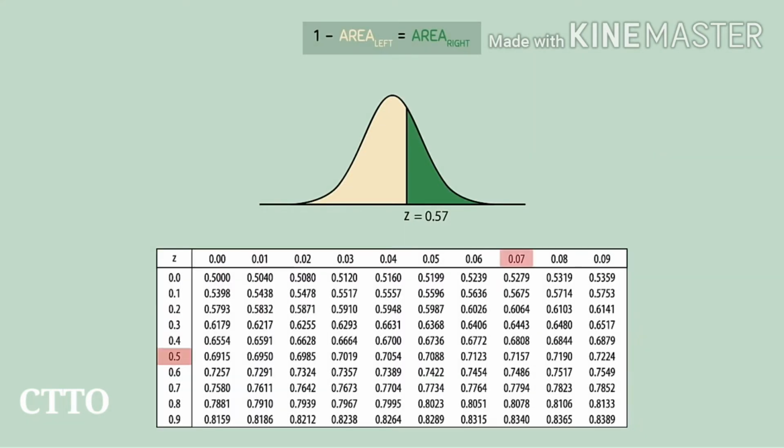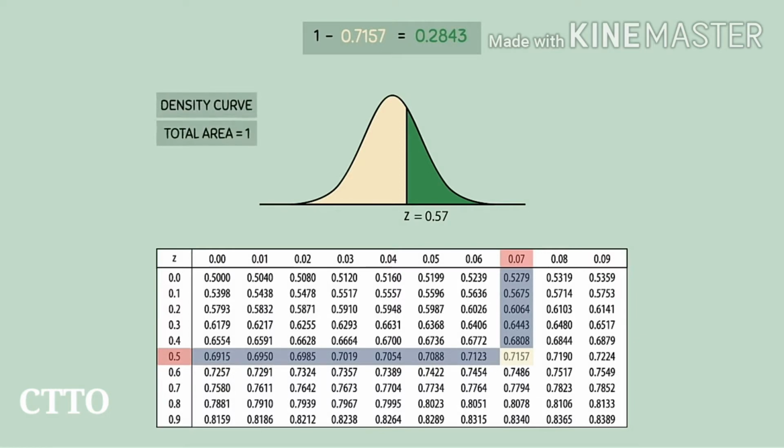According to the table, the z-score of 0.57 has an area of 0.7157 to the left of it, so 1 minus 0.7157 gives us an area of 0.2843, and that is our answer. The reason we can do this is that a normal distribution is a density curve, and it always has a total area equal to 1, or 100%.